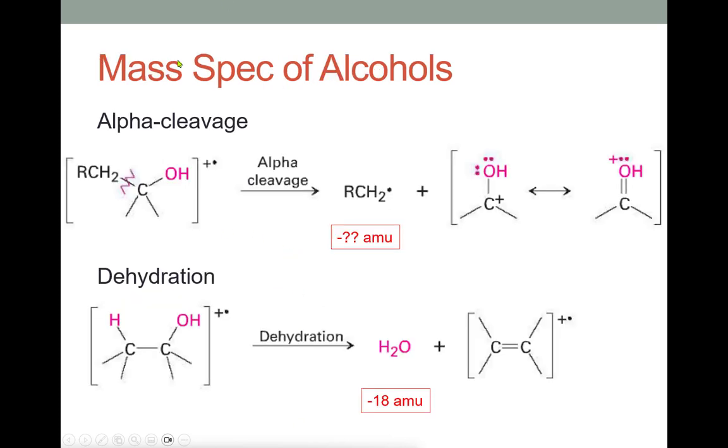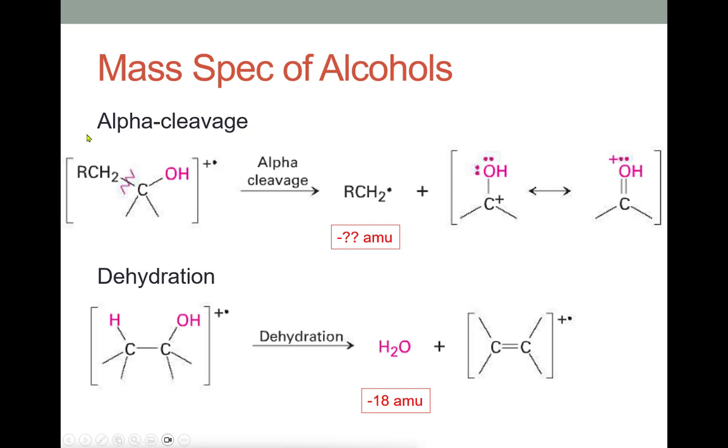So here's an alcohol, generic alcohol. And what's shown here is very generic at the alcohol carbon. But what alpha cleavage does is it's basically a common fragmentation pattern that says we can break the bond next to the alcohol-containing carbon. And so if this were a tertiary alcohol and I had a couple more R groups down here, I could have thought about breaking any of these three bonds.